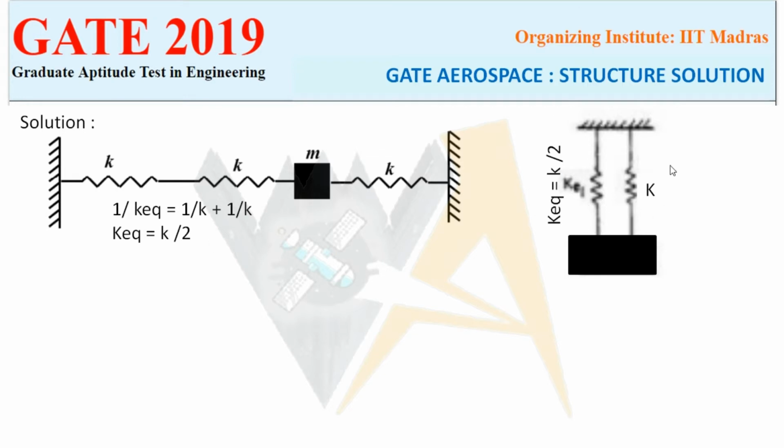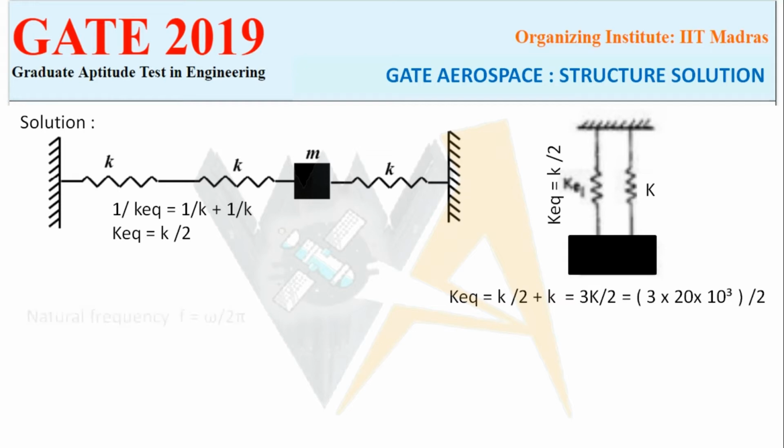Now we need to resolve this, and this is acting as a system in parallel. So we can find the entire equivalent spring system, that is k by 2 plus k. We get 3k by 2, and we substitute the value of k which has been given in the question.